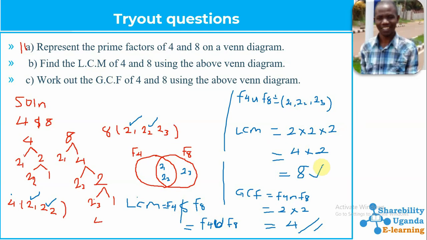Then also to get the intersection, you just pick out our 2 here, then our 2 1, then our 2 2, then you multiply them. You'll have solved the number very well. That's how we can solve the numbers on a Venn diagram and the related questions that are required to be solved.